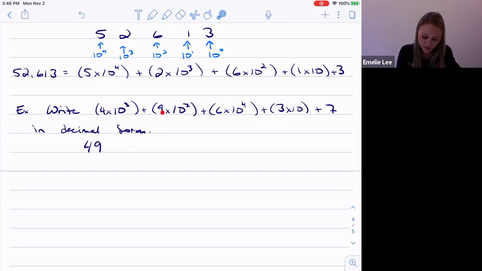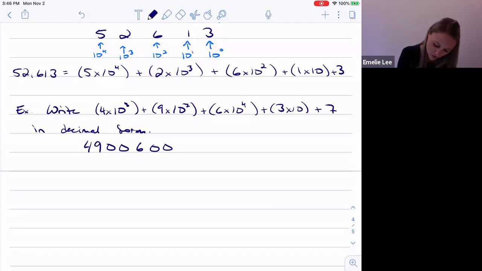So 4, 9, and then there's nothing times 10 to the power of 6, and then nothing again times 10 to the power of 5, and then 6 times 10 to the power of 4, 0 times 10 to the power of 3, 0 times 10 to the power of 2, 3 times 10, and then 7.